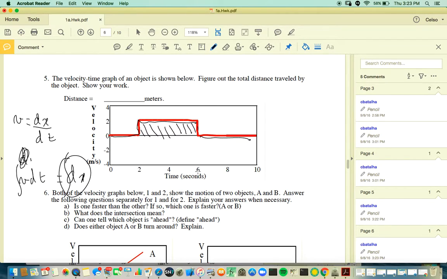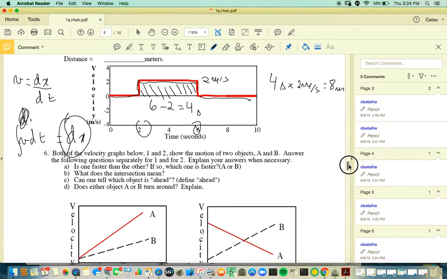So what's the total area here? 6 minus 2 is 4 seconds, right? And you have a height, which is 2 meters per second. When you multiply those two, you have the area under the curve that gives you the distance, which is 4 seconds times 2 meters per second. That is 8 meters. Okay.